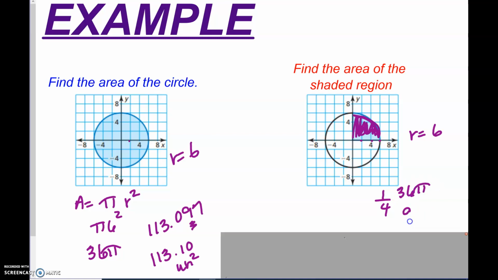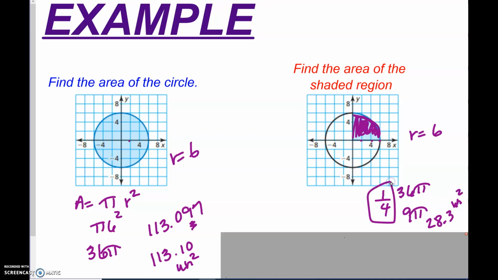So we can say this answer is going to come out as an exact answer of 9 pi. Or if we take 113.1 and divide by 4, I think it comes out to be something right around 28.3 units squared.